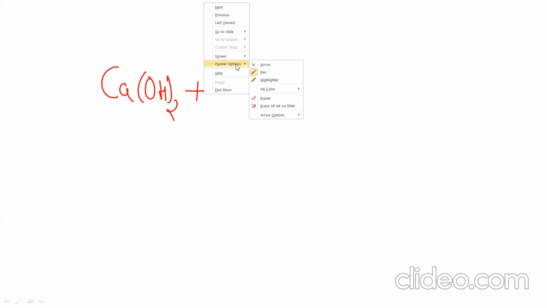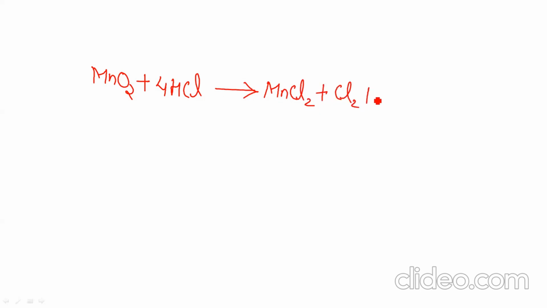The first reaction I am taking here is MnO2 plus 4HCl. The products are MnCl2 plus Cl2 plus 2H2O. Here you can see that from Mn the O has been removed and Cl2 has been added.